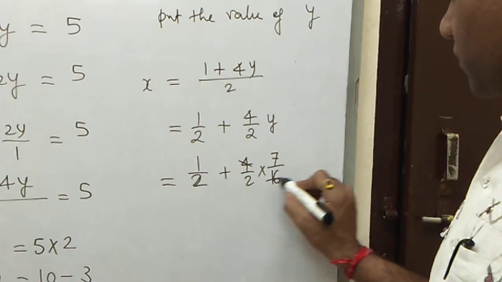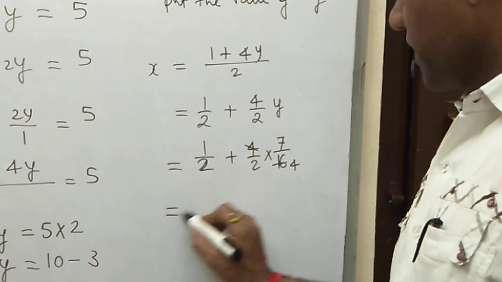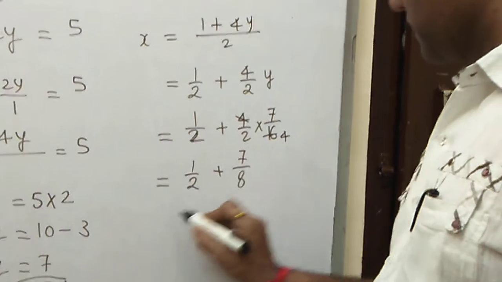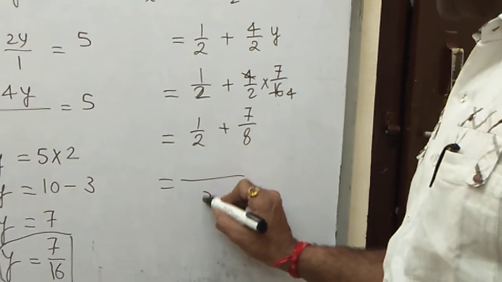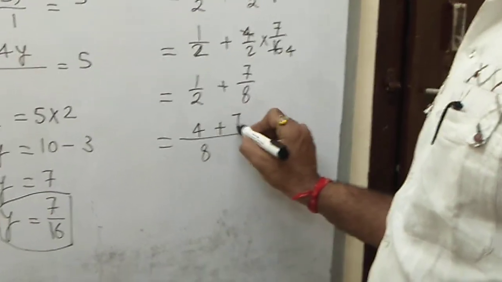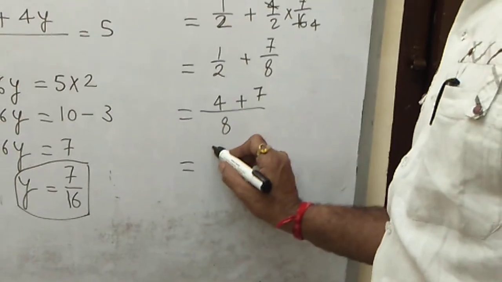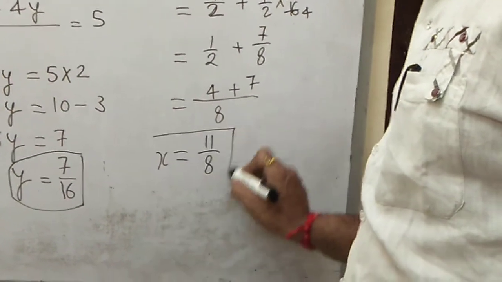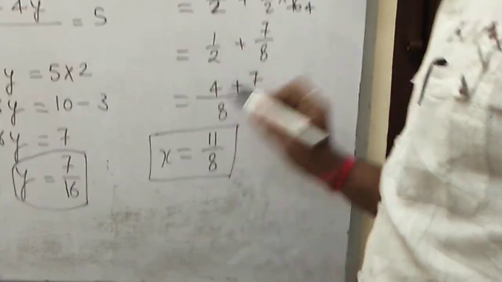The 4 cancels out, 4 fours are, so we have 1 by 2 plus 7 by 8. Our LCM is 8. 2 fours are 8, so here 4 and here 7 as it is. So the answer is 11 by 8. Your answer for x is also in the form of a fraction.